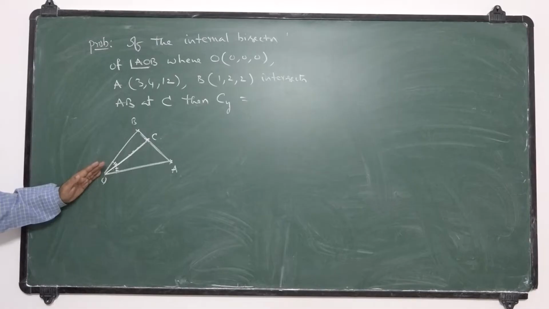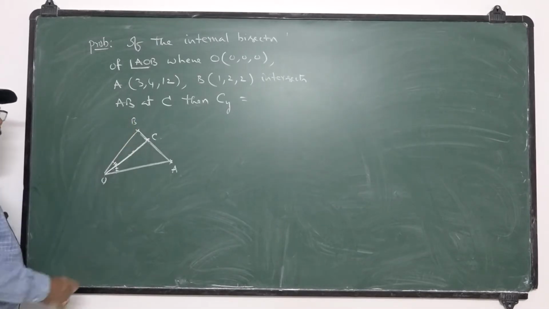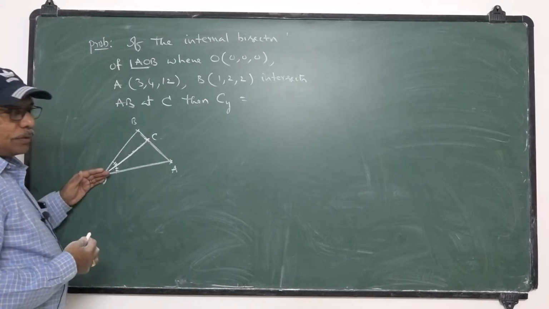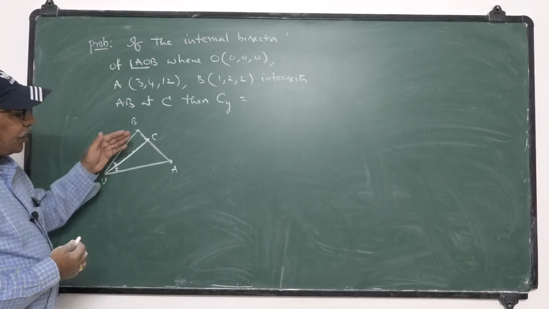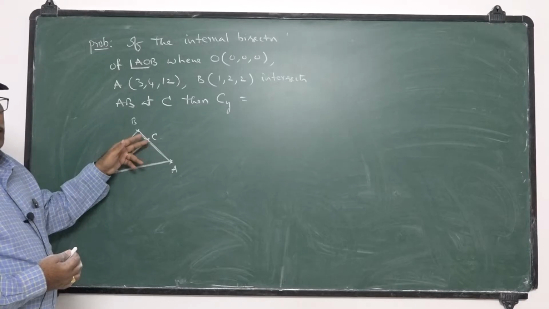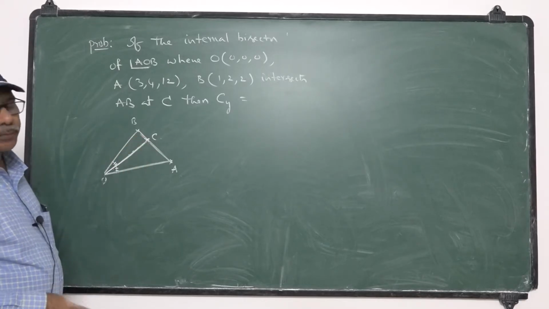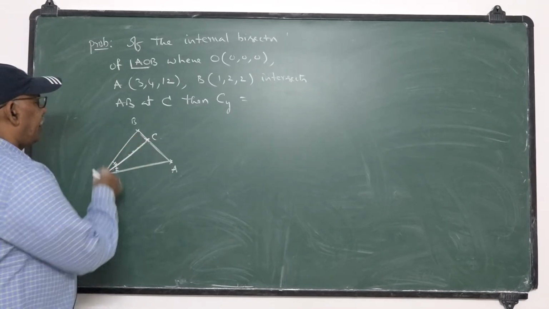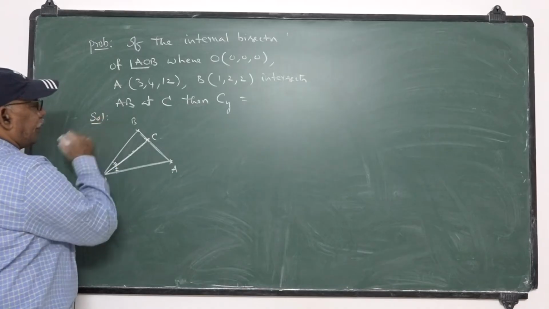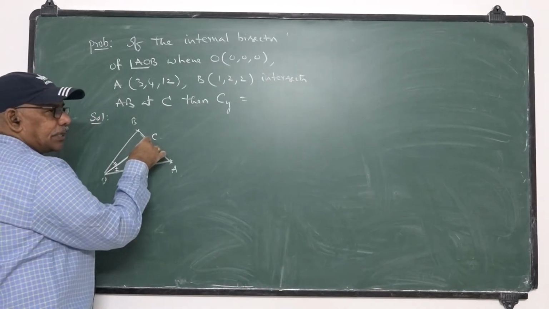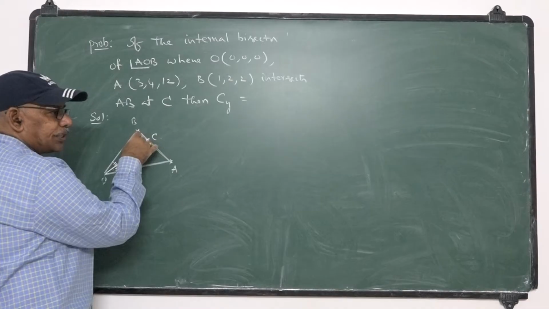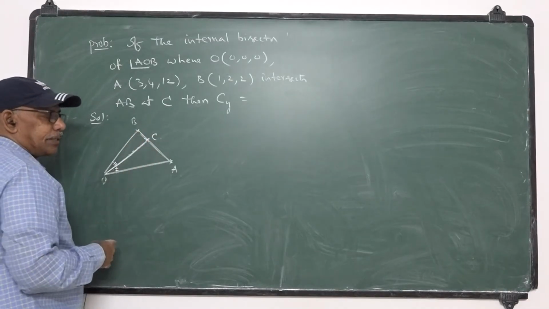In the triangle, the internal angular bisector at any vertex divides the opposite side in the ratio of the other two sides. That means the internal angular bisector divides the opposite side in the ratio of other two sides.